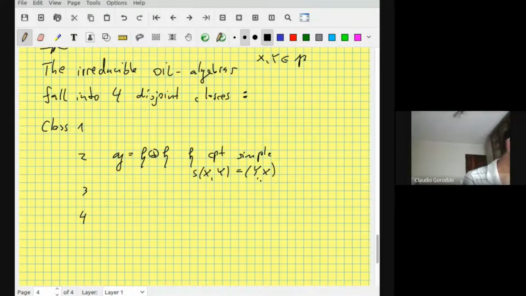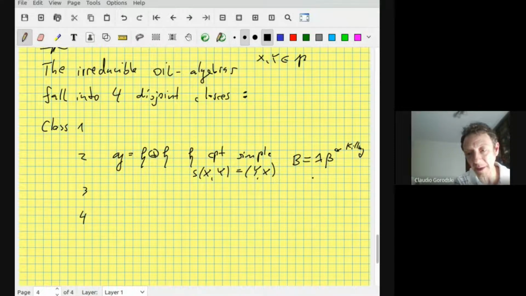Here B is a multiple of the Killing form. Let's say beta is the Killing form, and this multiple is negative in this case.